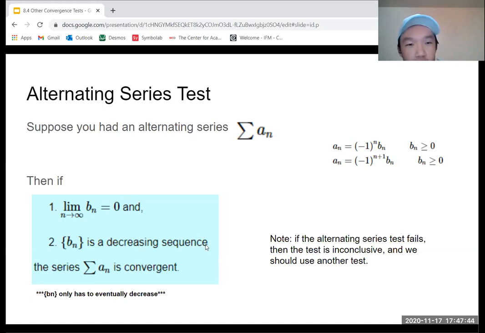There are some sequences that increase first and then decrease, and that's actually fine too. So as long as b of n is a sequence that's eventually decreasing, then condition 2 is satisfied. All right. Okay, so I'll just give you guys a couple of seconds to jot that down, and then look at some examples.